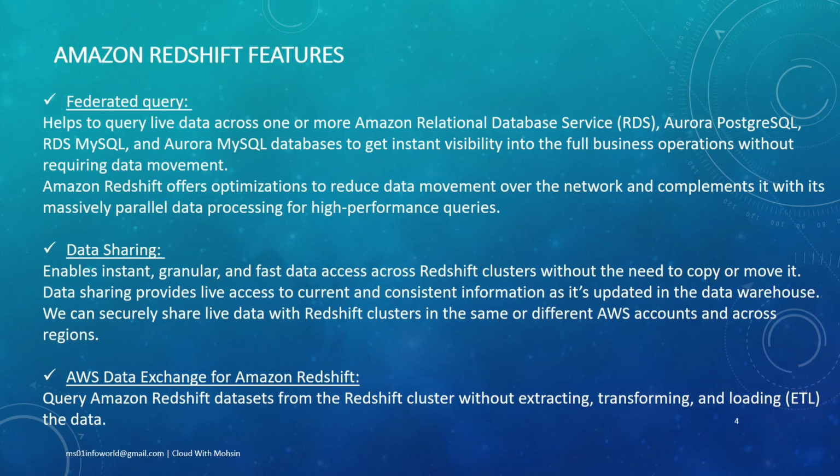Let's understand some of the key features of Amazon Redshift. The first feature is Federated Query. Using Federated Query, we can query live data across one or more Amazon Relational Database Service (RDS) instances, Amazon RDS PostgreSQL, RDS MySQL, or Aurora MySQL databases, to get instant visibility into full business operations without requiring data movement.